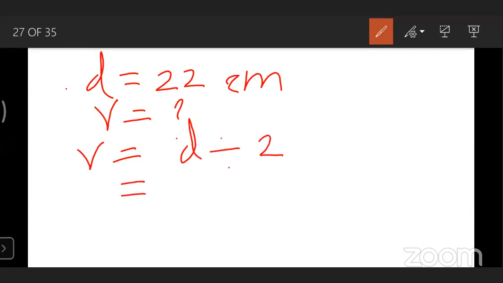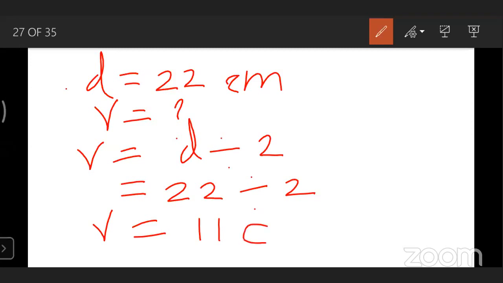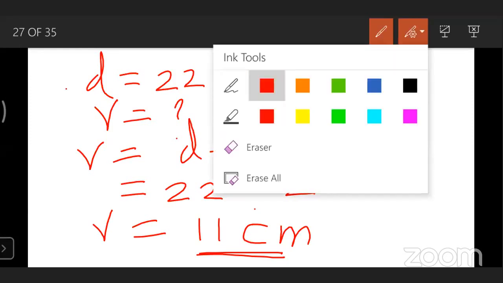What is the diameter here? 22, divided by 2. So 22 divided by 2 is 11. And the unit? Centimeter. So if the diameter is 22 centimeter, then the radius will be 11 centimeter. Is it clear? Yes. Very good, students.